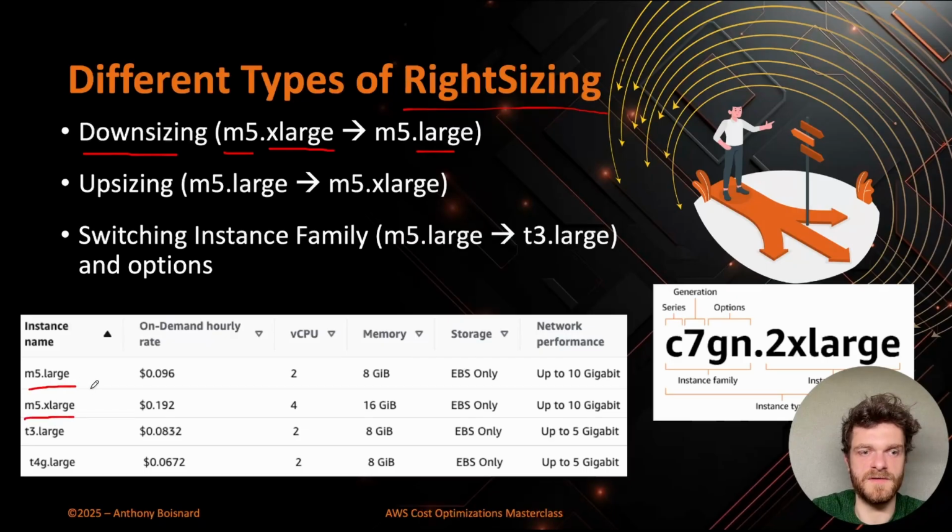Between an M5 X large and M5 large, you are dividing the price by 2, but you are also dividing the CPU by 2 and the memory by 2. So you only want to do that if your max CPU and max memory are below 40%. So it's easy to switch.